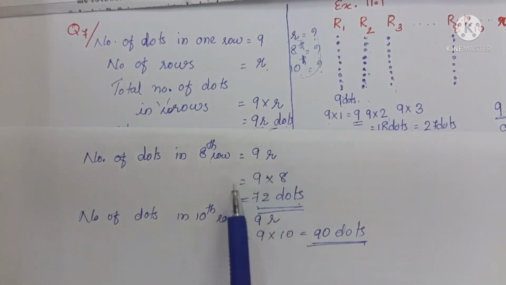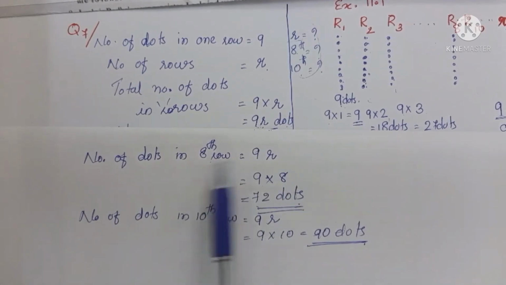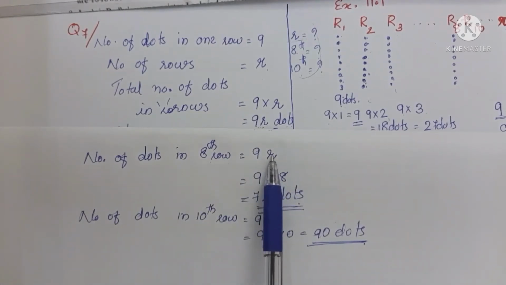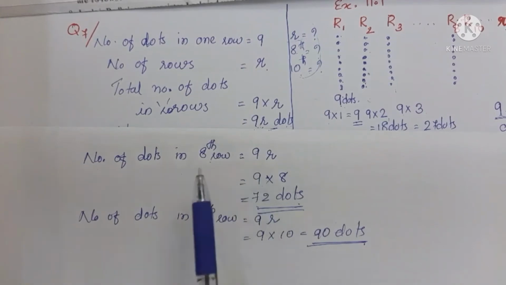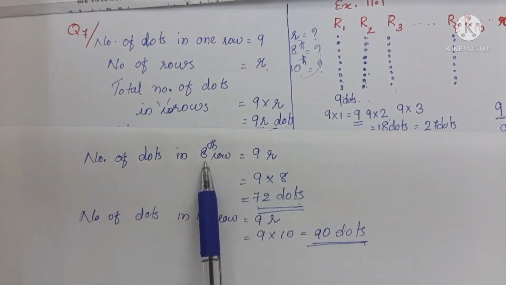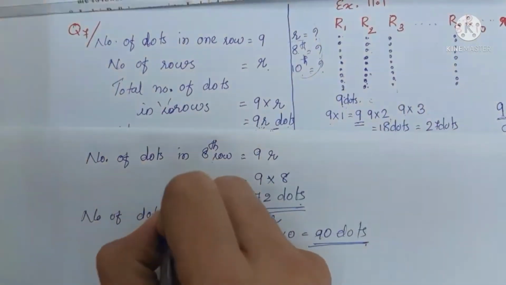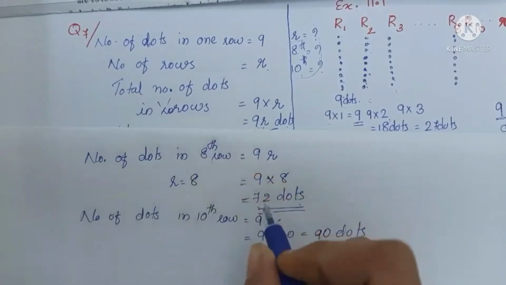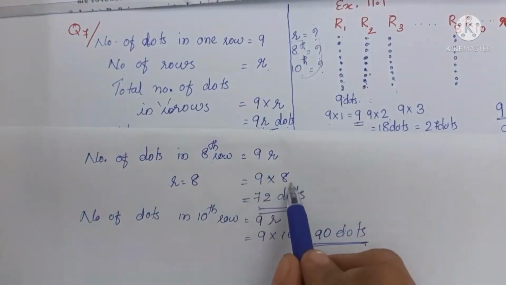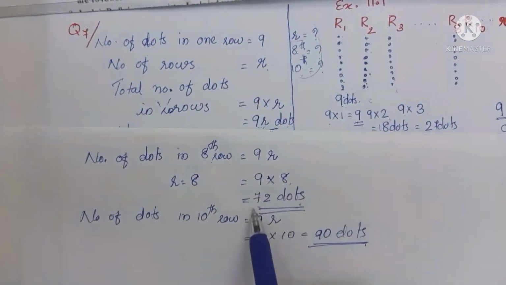Here R is 8. Okay, R is the number of rows, right? So we have to find the 8th row's dots. So we can apply R is equal to 8. So 9 into 8, that is equal to 72 dots for making the 8th row.